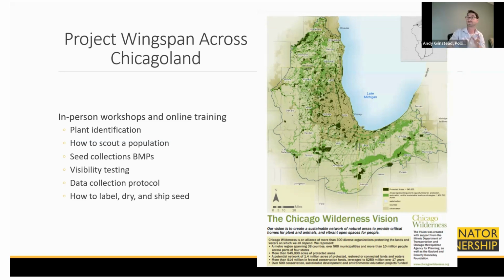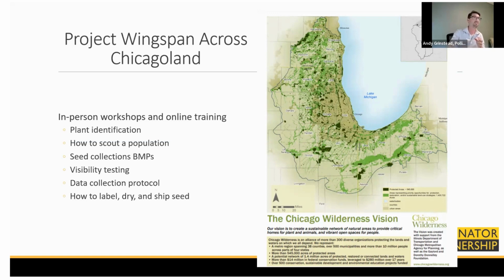We employ and train native seed stewards. So where other Project Wingspan programs work primarily with volunteers who donate their time, these are individuals that we bring in each year. We pay them and train them on a whole other suite of species. And they collect seed on approved properties within the Chicago wilderness region.